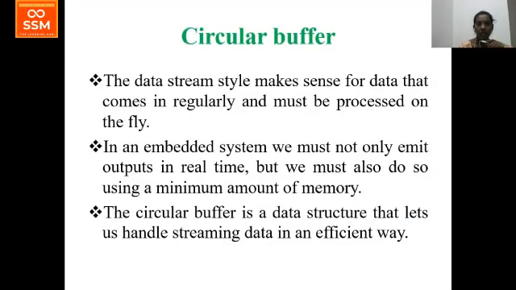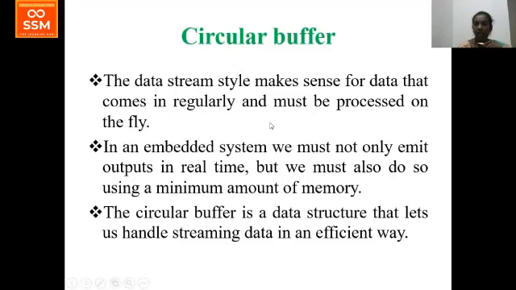Next, we move on to the circular buffer. Here the buffer acts as a storage element, and we are giving it a stream of data. A particular amount of data will be given to the circular buffer, and the size of the buffer is fixed. The data stream makes sense for data that comes in regularly and is processed on the fly.